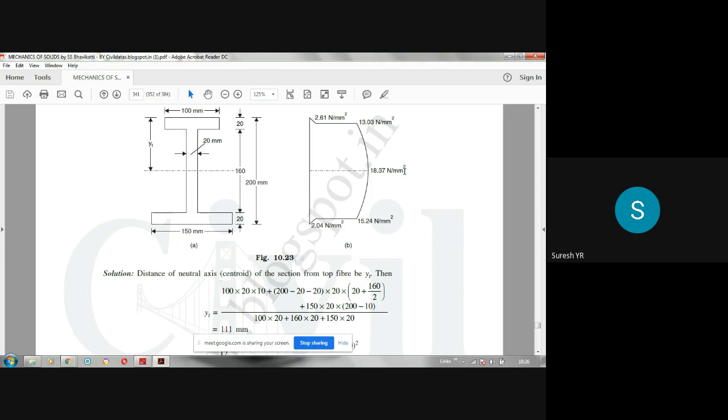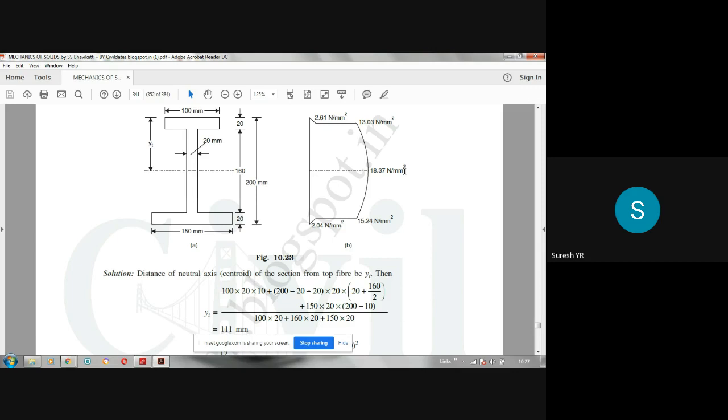If you know the shear force value, then F divided by B into I into A into Y bar, that is your shear stress. If you know the value of shear force F in kilonewton, that can be substituted in Newton, and you can get the values in Newton per mm square. All these stress values, whether bending stress F or shear stress Q, are in Newton per mm square or MPa.